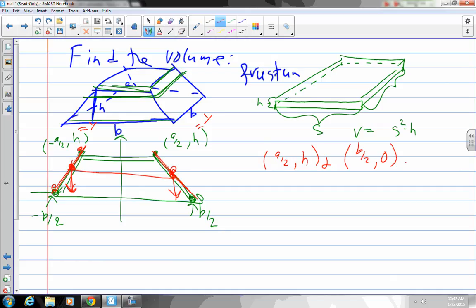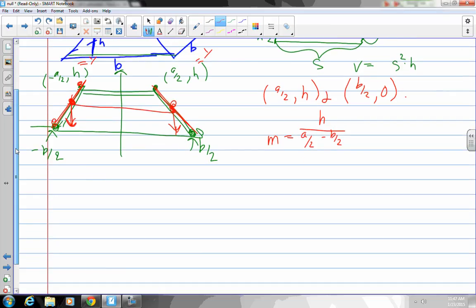So the slope is h, change in y, over change in x, so it's what? A over 2 minus b over 2, right? No, b over 2 minus a over 2, rather. That would be better. B minus a. I had my order messed up.